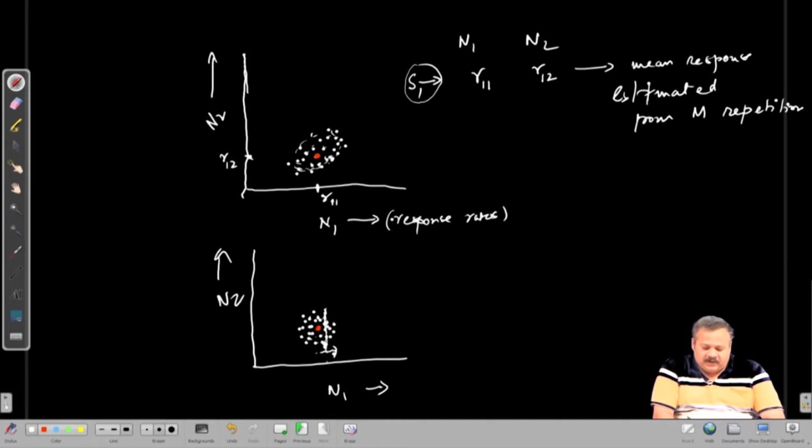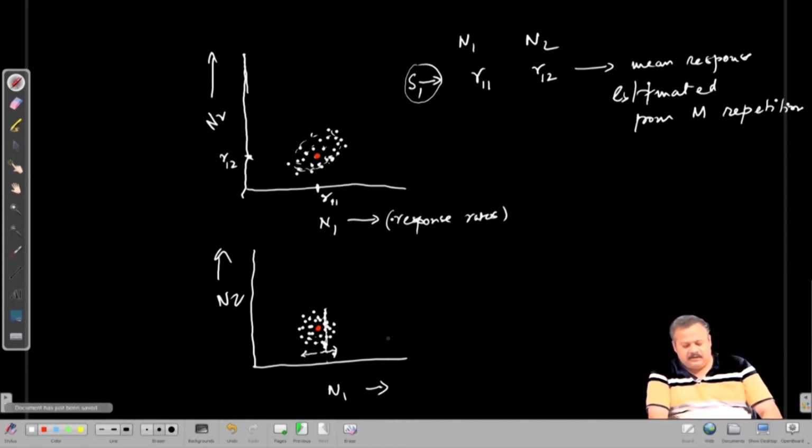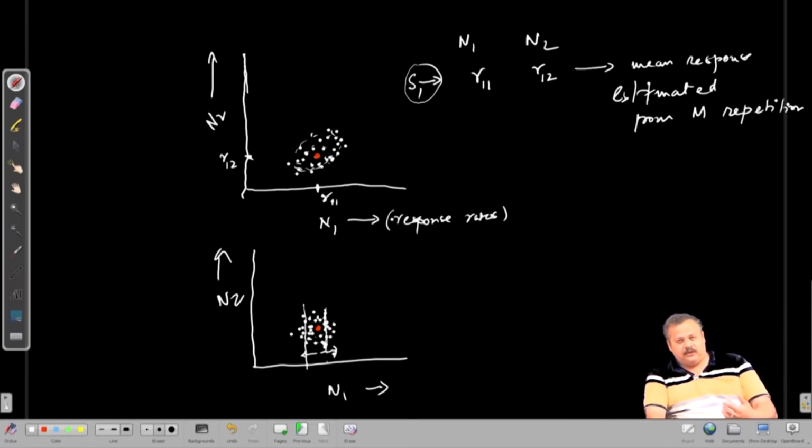Similarly, when we have a decrease in response of N1 from the mean, then in different trials we again see that N2 varies equally above and below the mean response of neuron 2. That means the change, or noise if you will, in the response of neuron 1 around its mean is not related to the variation of the response in neuron 2 around its mean.